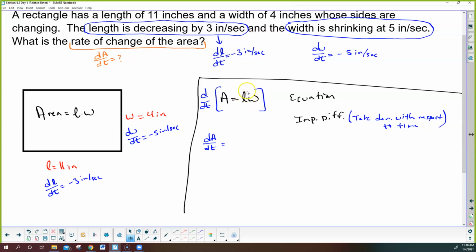So I have to take the derivative of the first, which is dl/dt, times the second, which is just w, plus the first times the derivative of the second. And the derivative of w is just dw/dt. Now notice how I didn't plug any of these items in, and that's one of the things. You want to always do implicit differentiation first, and then you can plug in the information that you know.